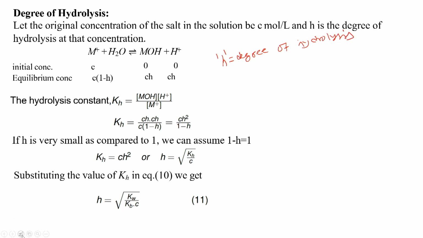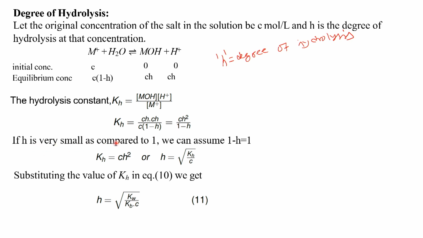So the hydrolysis constant, like before, Kh is the concentration of MOH times the concentration of H plus by the concentration of M plus. Now we substitute the concentration of MOH by Ch, the concentration of H plus by Ch, and the concentration of M plus by C times 1 minus h, and we arrive at this expression. So Kh is Ch squared by 1 minus h.